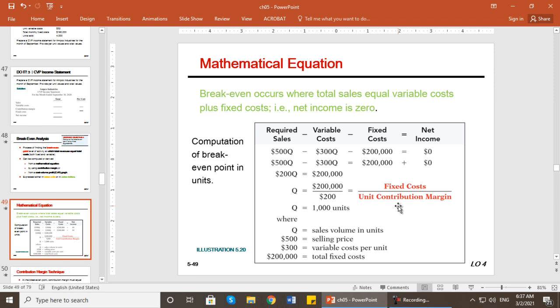Again, break-even point in units equals fixed cost 200,000 divided by unit contribution margin. As you learned, unit contribution margin is the difference between selling price and variable cost per unit.